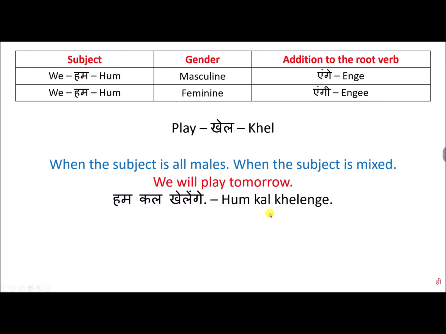हम कल खेलेंगे. हम is we, कल is tomorrow, खेल is the root verb, एंगे is added to the root verb. हम खेलेंगे is we will play. कल is tomorrow.